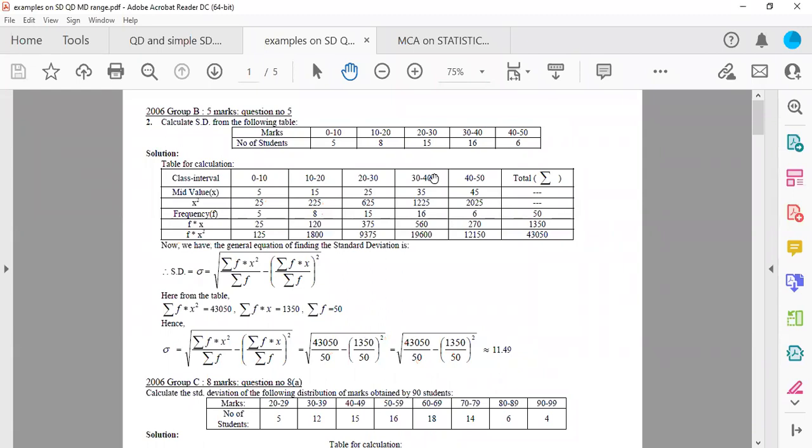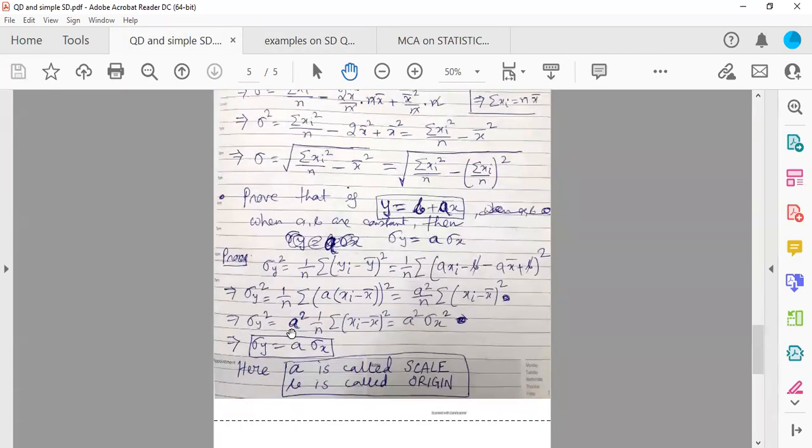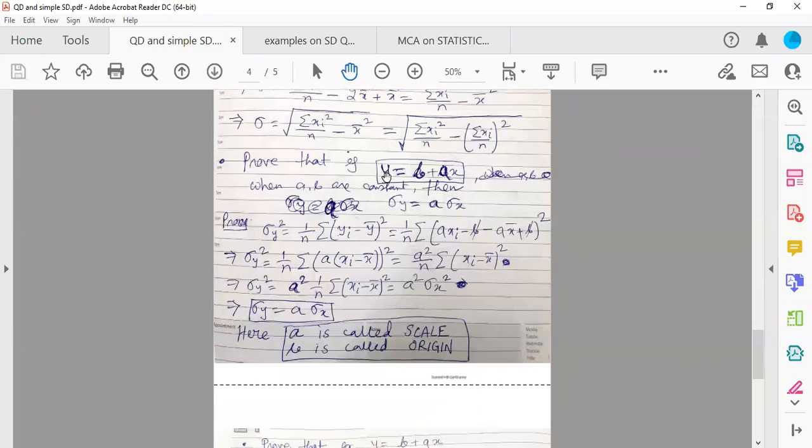Now another thing you have to learn regarding standard deviation, that is, if two variables y and x are related by an equation like y is equal to b plus ax, then sigma y, that is the standard deviation of the y value, is equal to a into sigma x, the standard deviation of the x value.